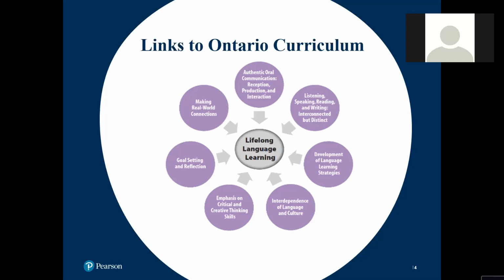This is very important in this program. And of course, we've woven in the interdependence of language and culture, and I'll show you how we've woven that throughout the student modules. We certainly have an emphasis on critical and creative thinking and goal setting and reflection. There's quite a bit of self-reflection at the end of the modules.